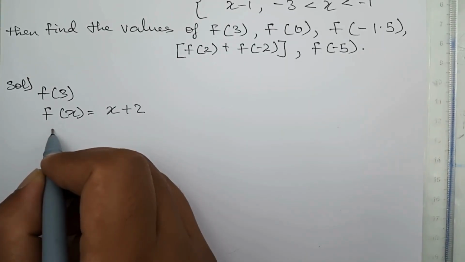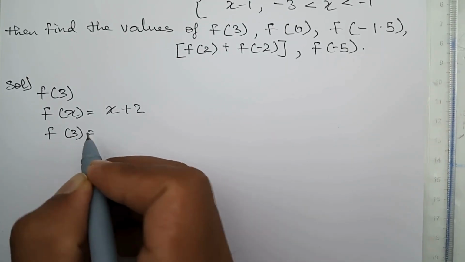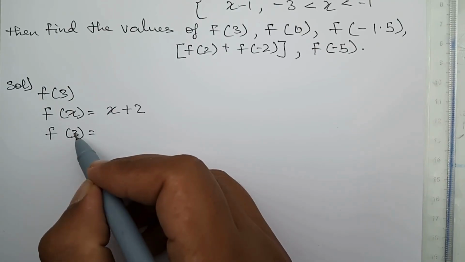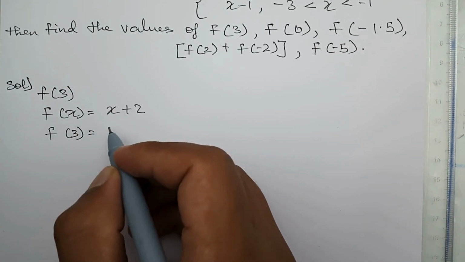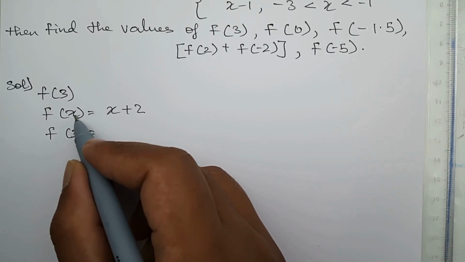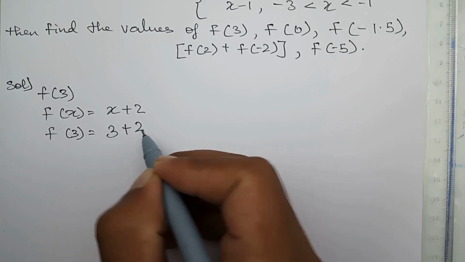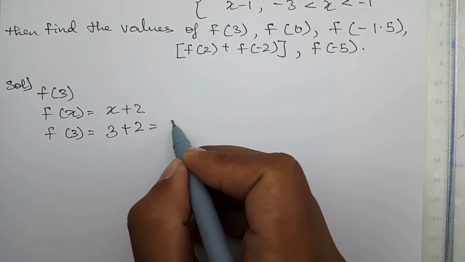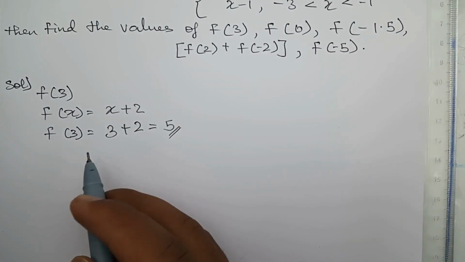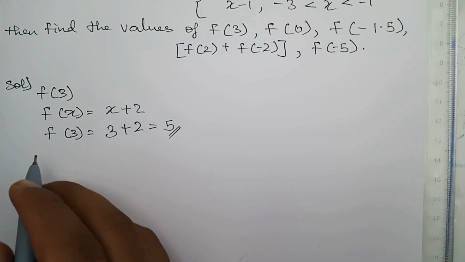Okay, here f of 3 is equal to, in x place we should write 3, then plus 2. Simple, the answer is 5. The first bit in this first question is over.